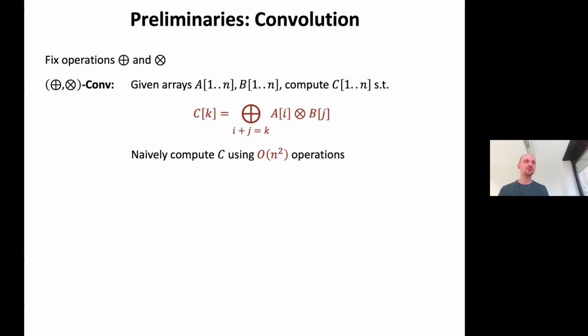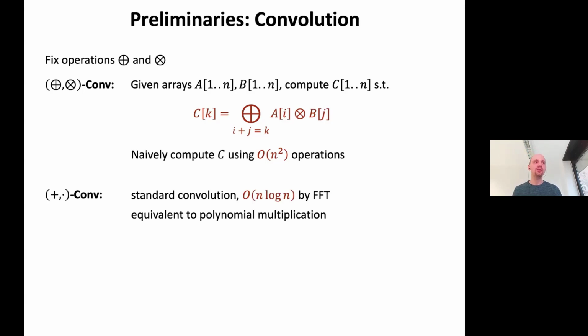We fix two operations that we call plus and times, but they can really be any operations. What you want to do is to take the plus operation over all index pairs i and j such that i plus j is equal to k, and you take the times operation of a_i and b_j. Naively, you can certainly compute this array c in time n squared, just by evaluating this definition, assuming these operations can be evaluated in constant time.